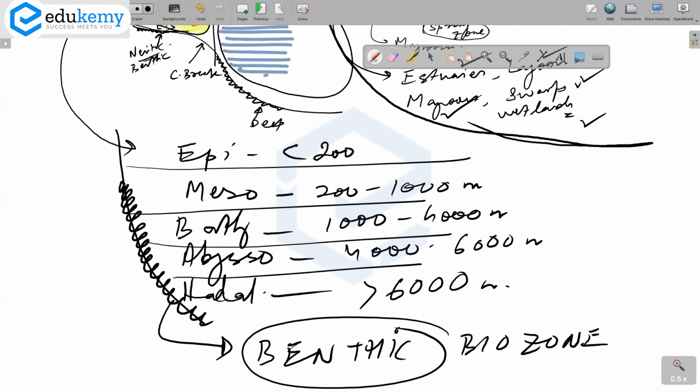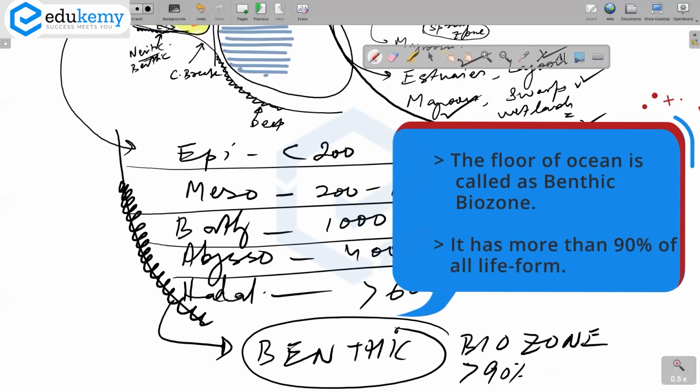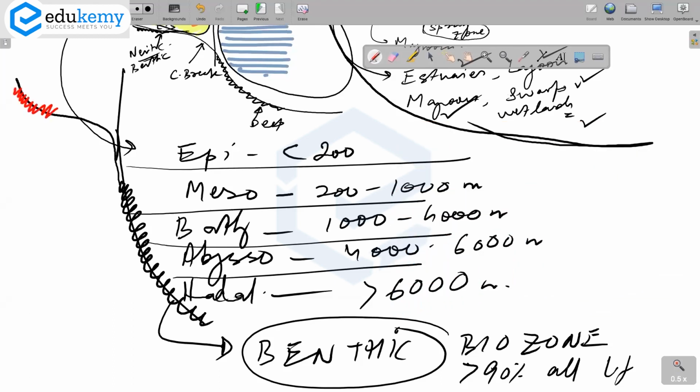The benthic biozone has more than 90% of all life forms, and this also includes the floor of the shallow waters. The word benthic basically means the floor of the ocean.